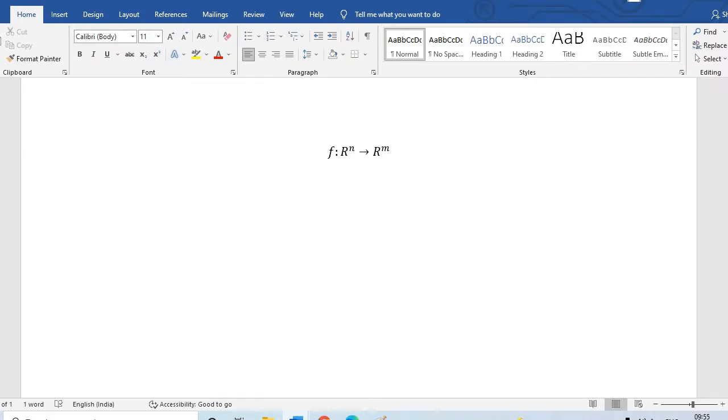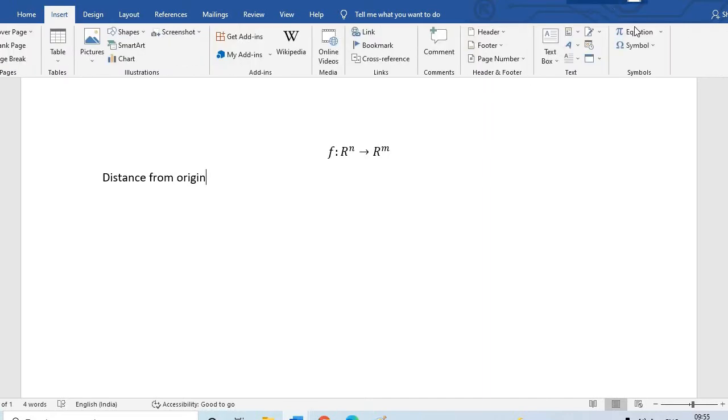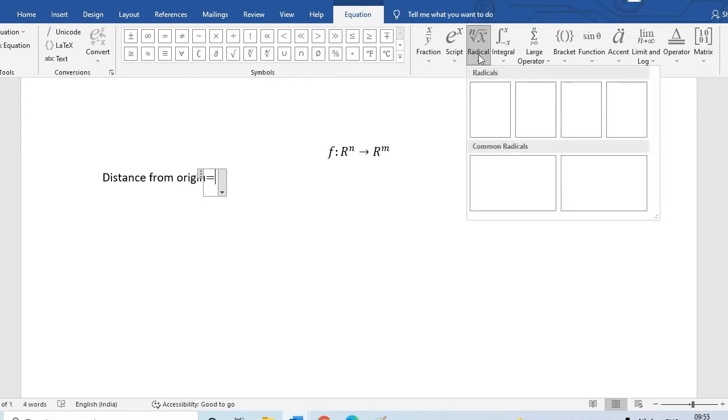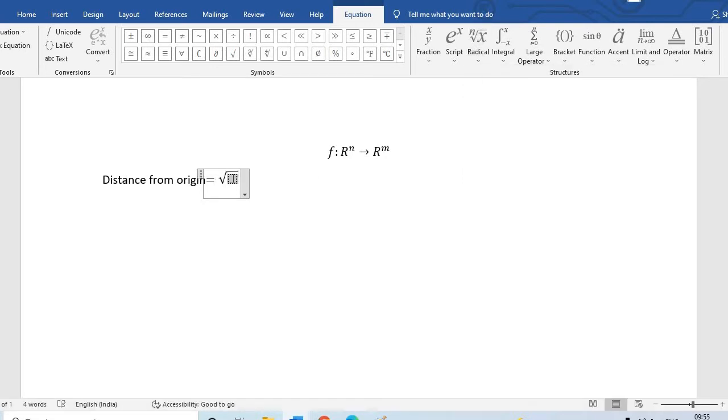So the distance from the origin is equal to the square root of x1 square plus x2 square. So this is the usual Euclidean distance in the two-dimensional case.